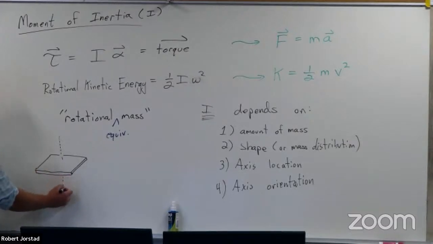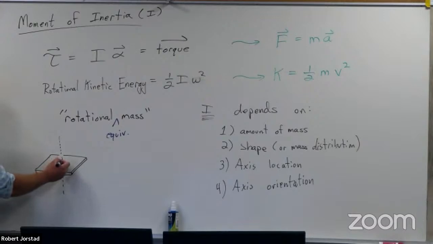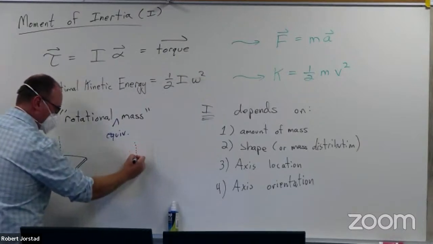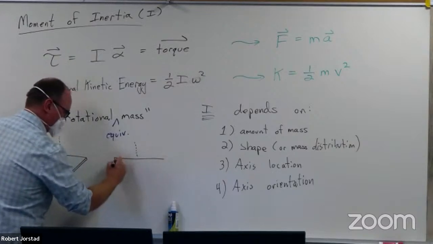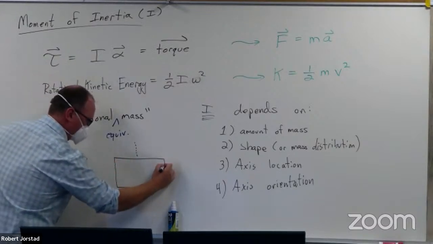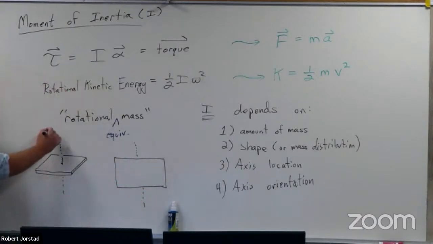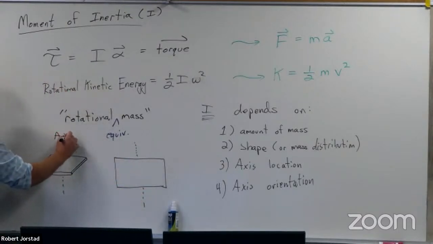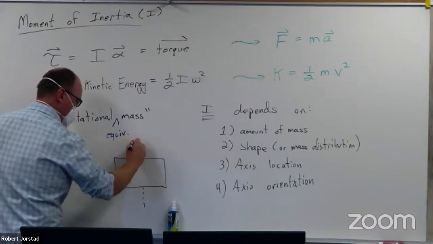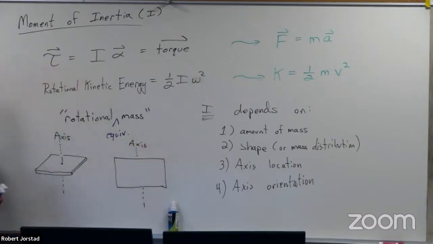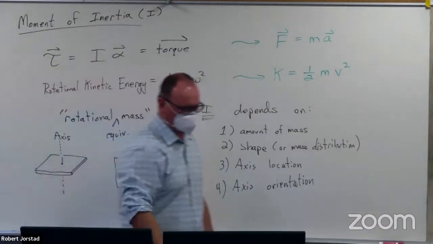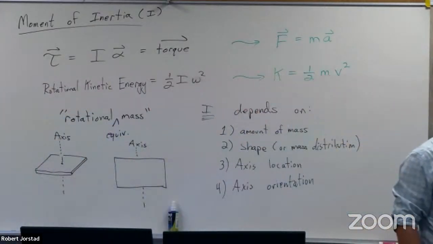Here's an axis through the center of a plate. So the dotted line is, in this case, the axis. And this is just a rectangular plate. And if you look in there, I believe it's the third column.